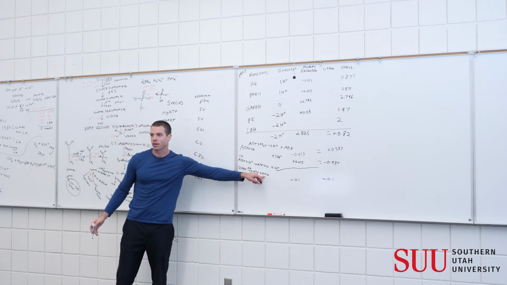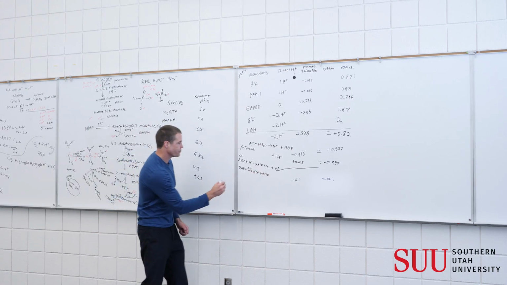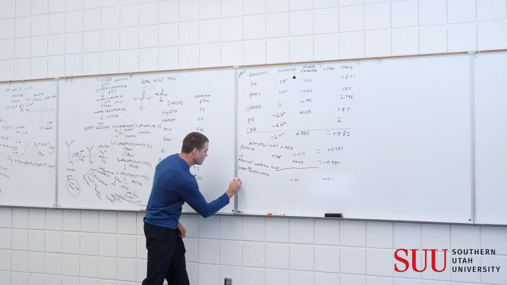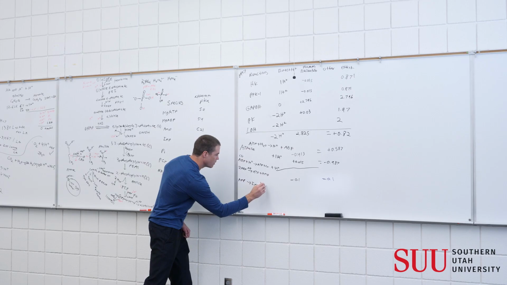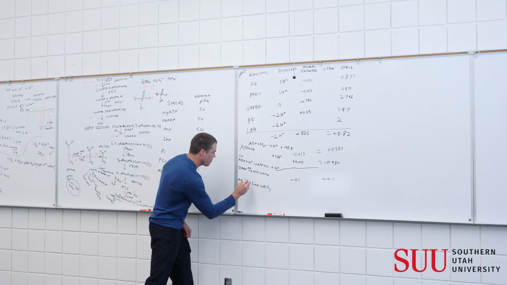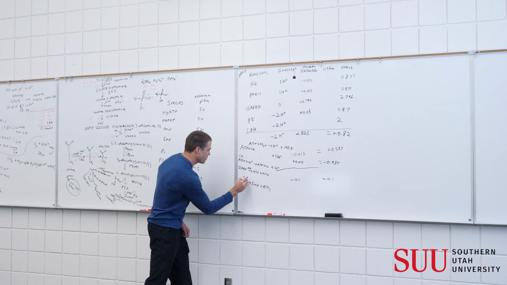Do you remember what we do with our AMP molecule? Remember what that reaction is? We can take our AMP and we can convert that to IMP plus ammonia. And it does this with AMP deaminase, right?